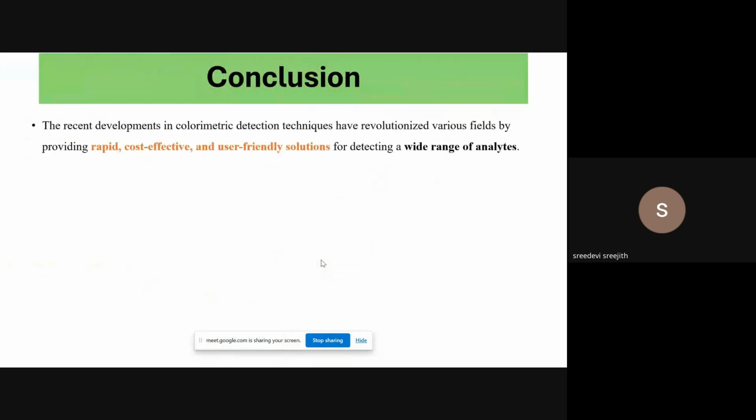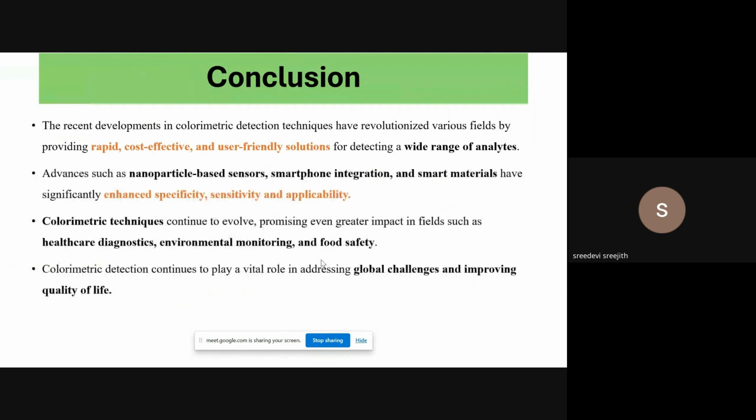I would like to conclude my presentation. Recent developments in colorimetric detection techniques have revolutionized various fields by providing rapid, cost-effective, and user-friendly solutions for detecting a wide range of analytes. Advances such as nanoparticle-based sensors, smartphone integration, and smart materials have significantly enhanced specificity, sensitivity, and applicability.